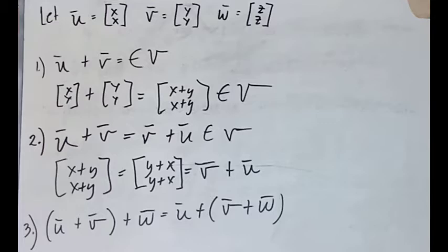Next, we have associativity. We're going to prove that vectors are also associative.